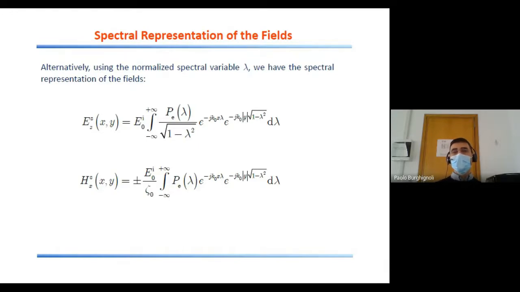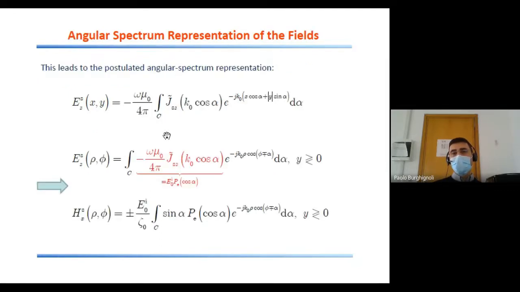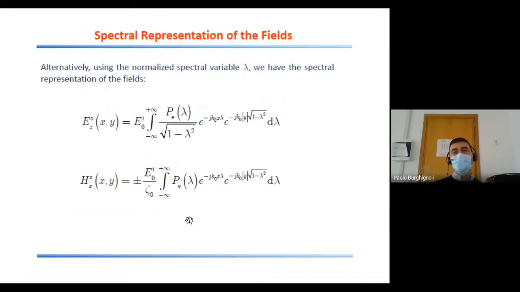Since we have lambda in this case, the Jacobian will introduce this square root of 1 minus lambda squared in the denominator for the electric field, which is instead absent in the magnetic field, because that square root is actually the sign of alpha that was already present in the expression of the magnetic field, so that is cancelled by the Jacobian. So you see a simpler expression for the magnetic field here. It is convenient to work with this lambda variable in order to enforce our conditions, as we will now see.